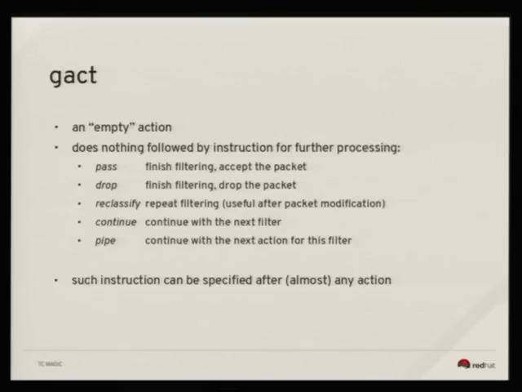And by next I mean next when the filter matches. So when the filter matches, then actions are performed, and then there is an instruction which instructs TC what to do next. So the default action for most filters is pass. That means we're finished. No more filters, no more filtering. Just put it into a class or put it out to the wire.